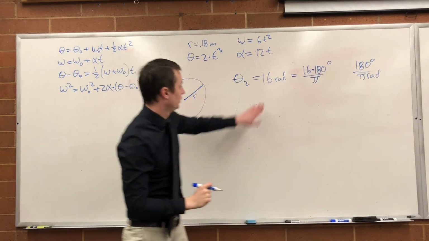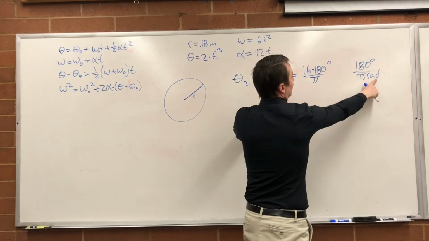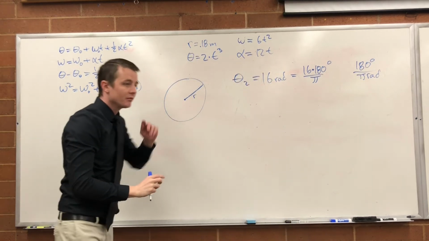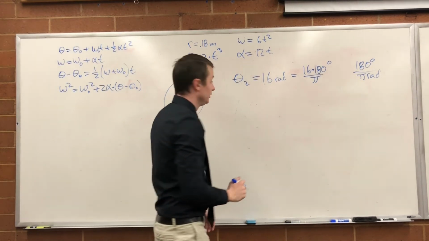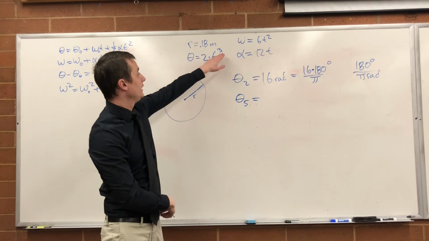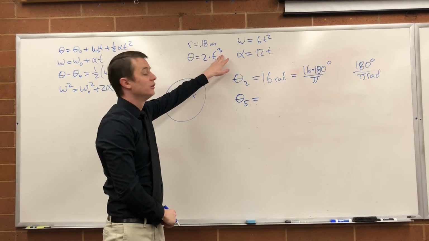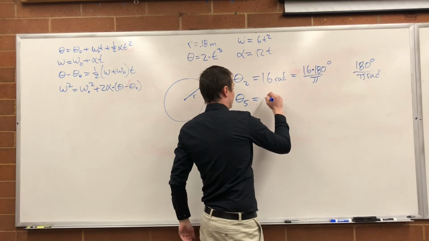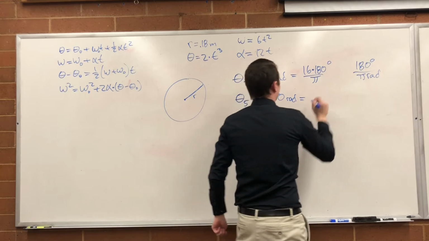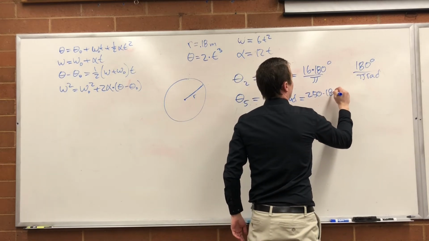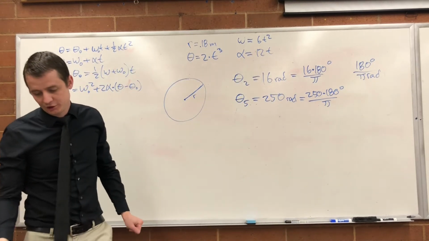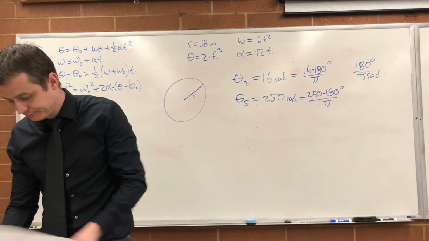And so when I multiply this by this, the radians cancel out top and bottom, so we just have 16 times 180 degrees all over pi. Nothing weird. And then theta at 5 seconds, well, that's no secret. 5 cubed is 125, times 2 is 250. So 250 radians, or if we want it in degrees, that's going to be 250 times 180 over pi degrees, whatever that is. Good? Pretty straightforward?